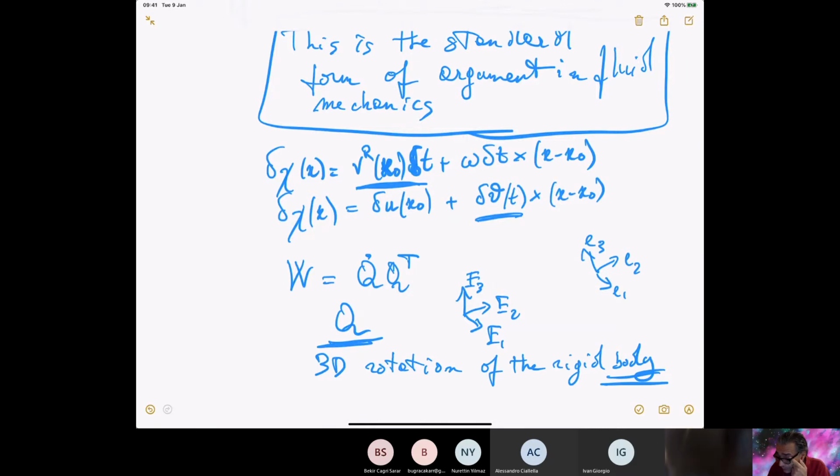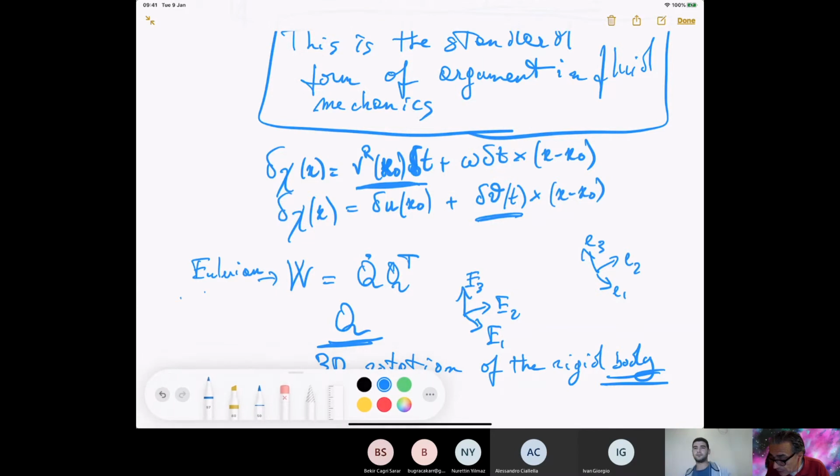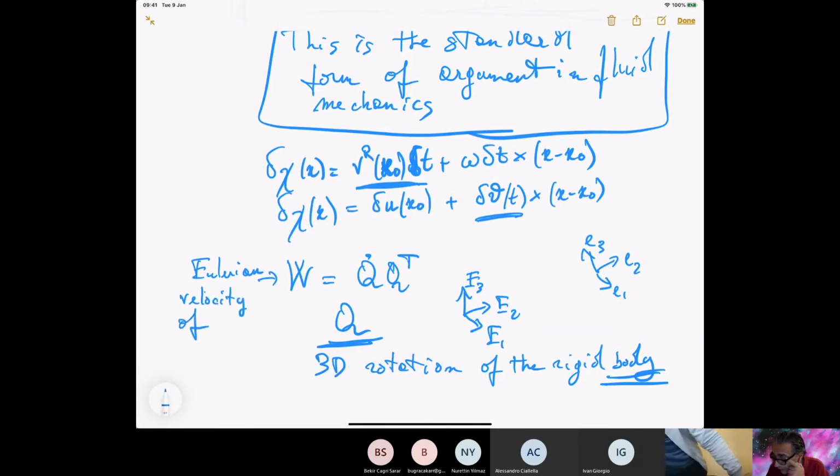So W describes the Eulerian speed, better to say velocity, the Eulerian velocity of orientation.